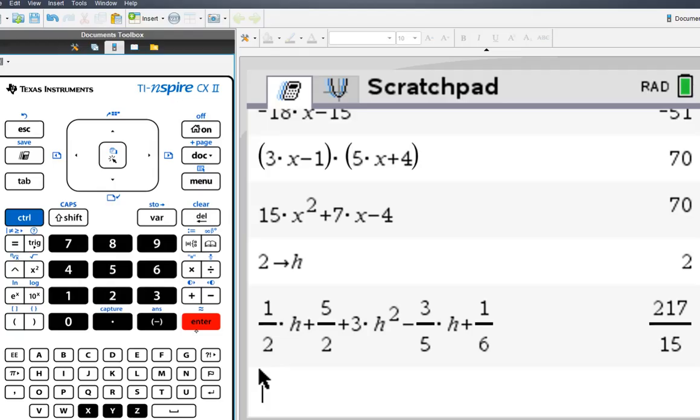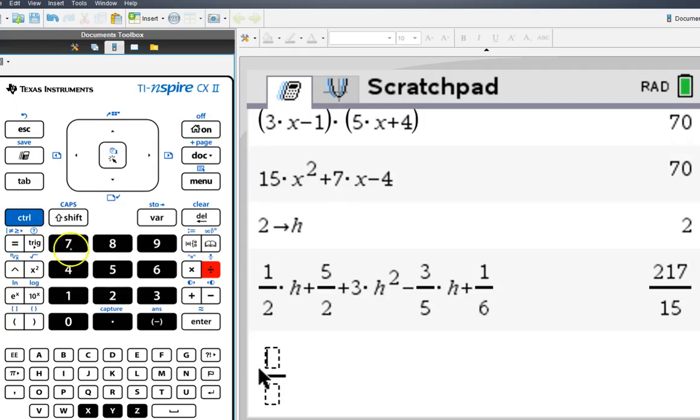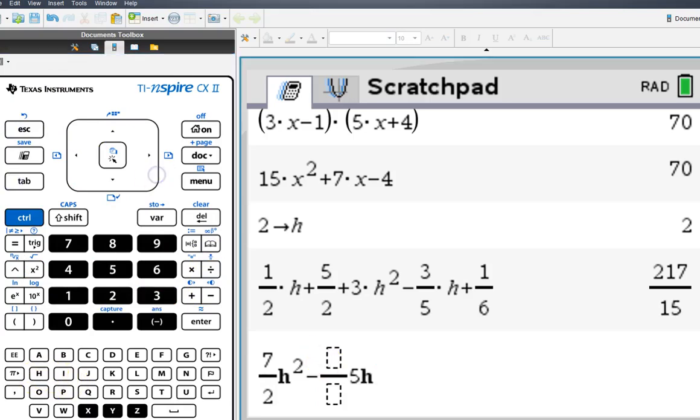So letter C, I'm going to type that in. Control divide, 7 down 2, and then h squared, and then minus 3 over 5, minus control divide, 3 down 5, h. Ooh, darn it. 3 down 5.